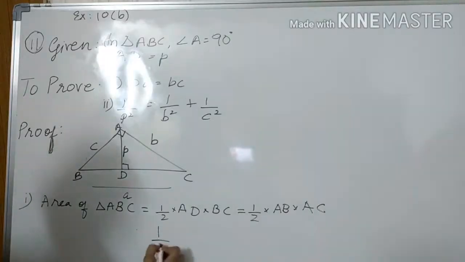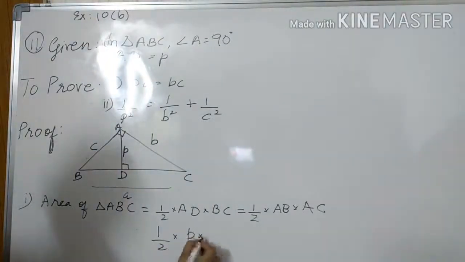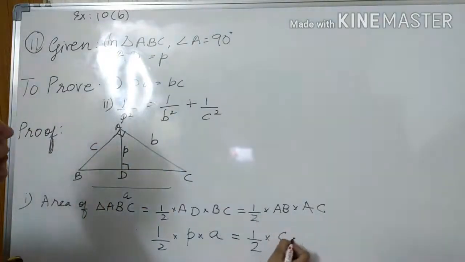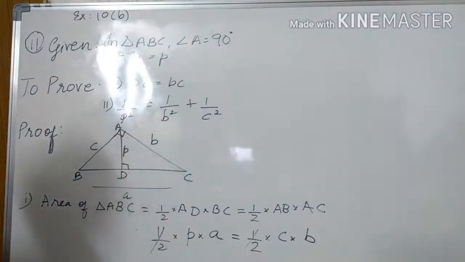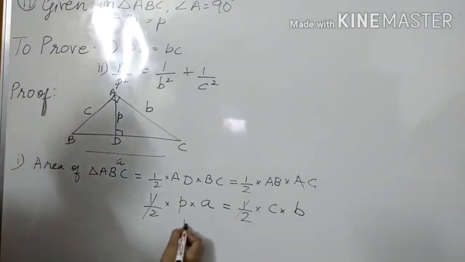This is half AD. AD is P, already given. BC as A. This half AB is C and AC is B. Now this half both the side get cut and whatever left with us I will write. What I left with? PA is equal to BC or CB is same.